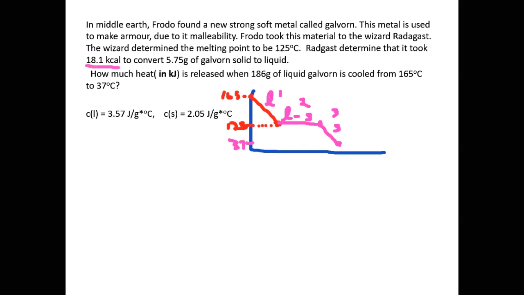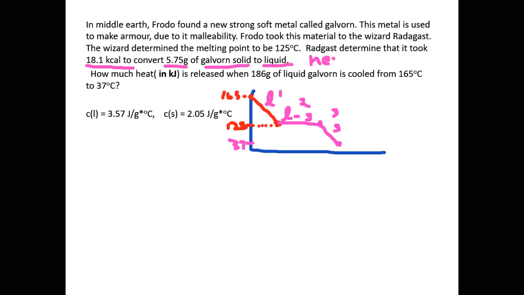18.1 kilocalories. It takes 18.1 kilocalories of heat to convert 5.75 grams of Galvorn solid to a liquid. So this is actually information about the heat of fusion.